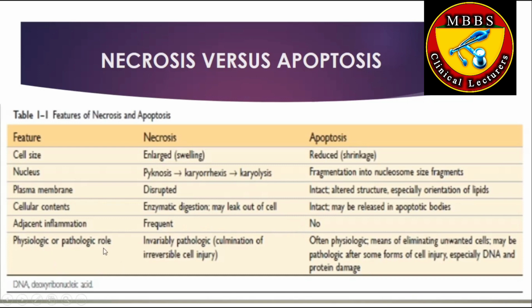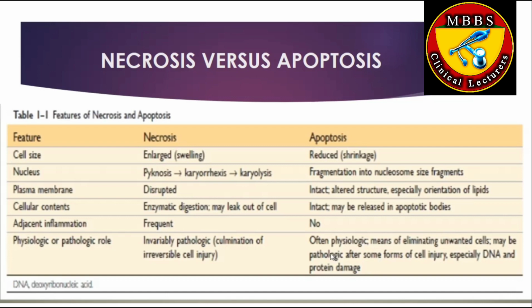Necrosis is always due to a pathological condition and is an irreversible cell injury, but apoptosis may be physiological or pathological. There is physiological apoptosis in embryogenesis, and apoptosis will be discussed later in the lecture.